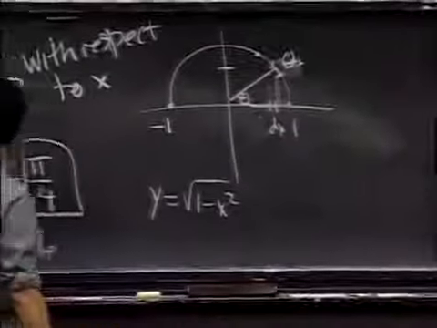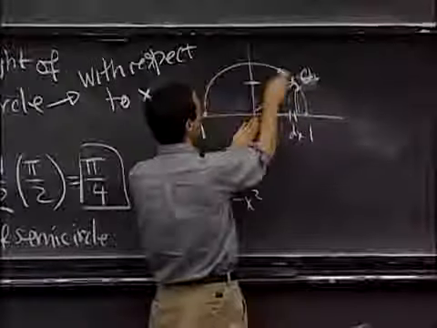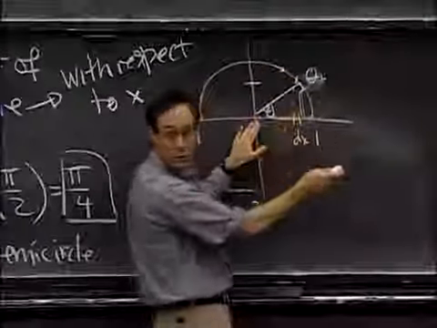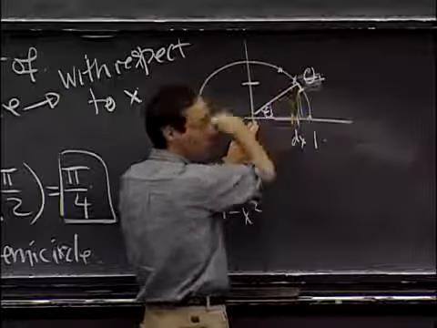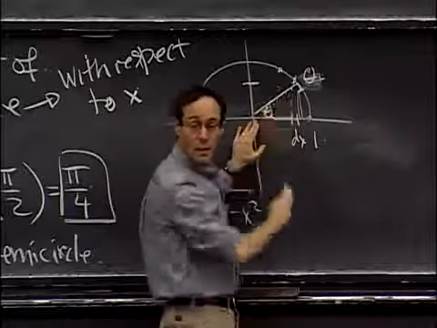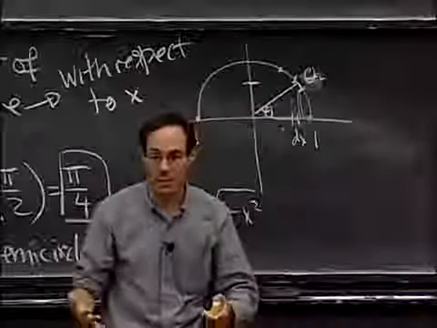That would be the interpretation of this first average value. And the second one is I picked something at random on this circle, and equally likely any possible point on this circle according to its length. And then I ask what the height of that point is. And those are just different things.